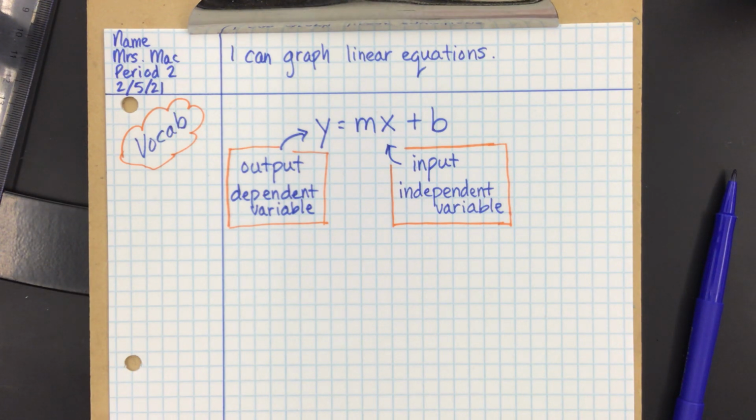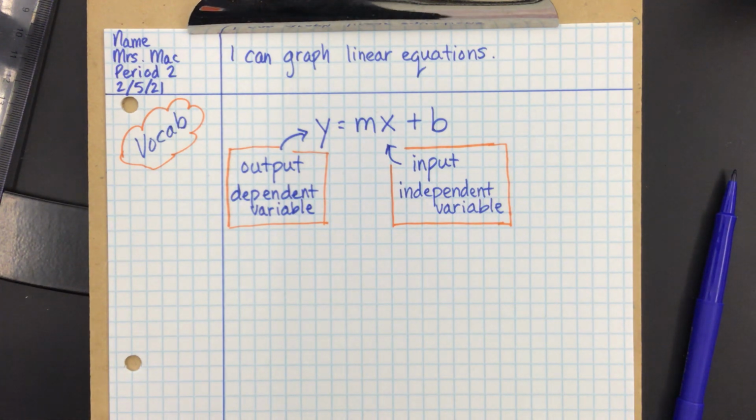That's kind of what's happening with an equation. You put in a value for x into the machine. Here's the equation. It's going to do something to it. So in this case, it's going to multiply it by -2 and add 5. And then out comes your y. So equations are like a machine. In and out.